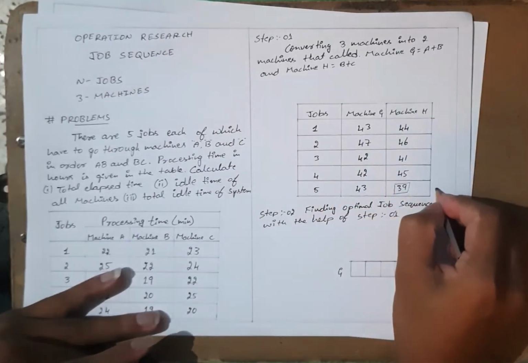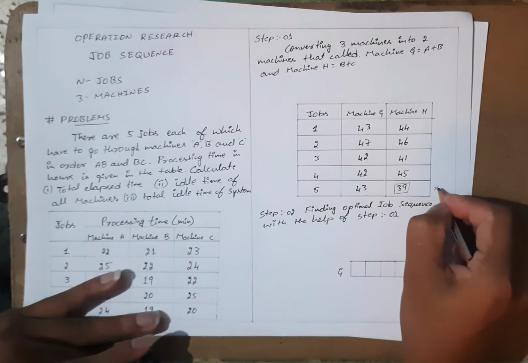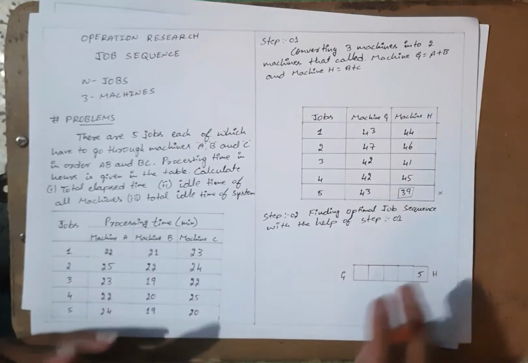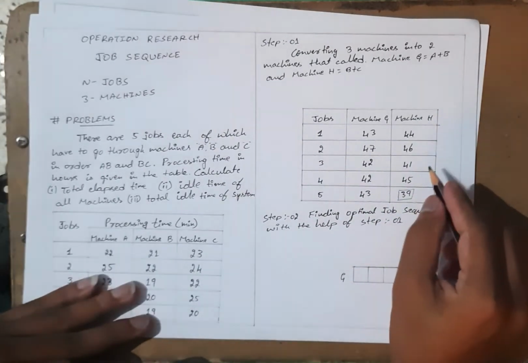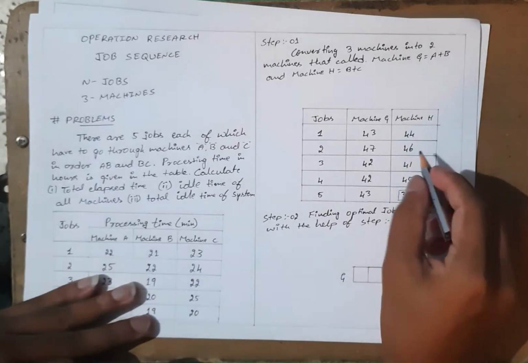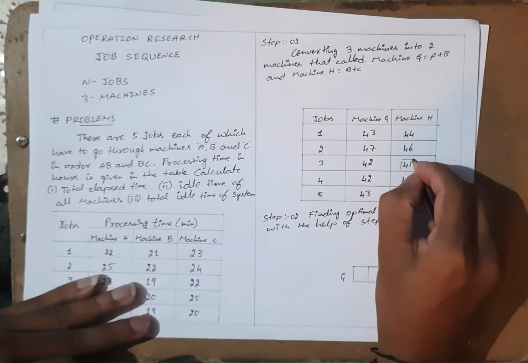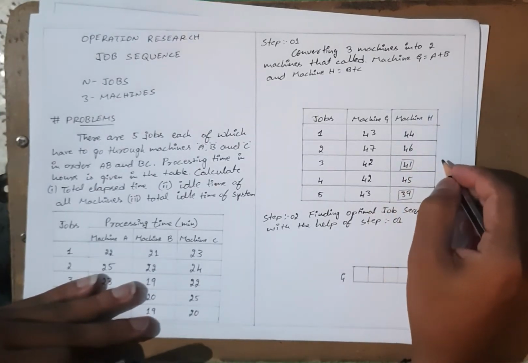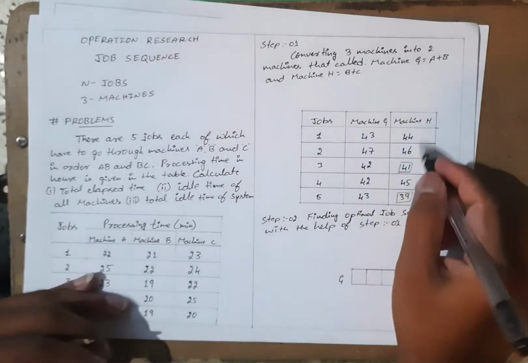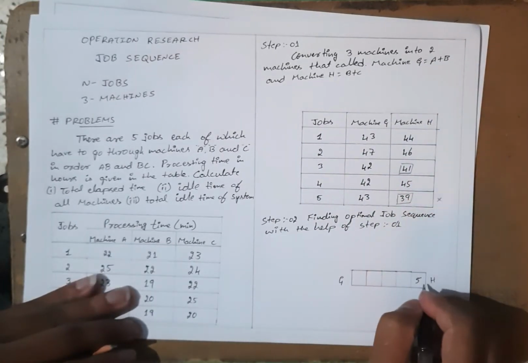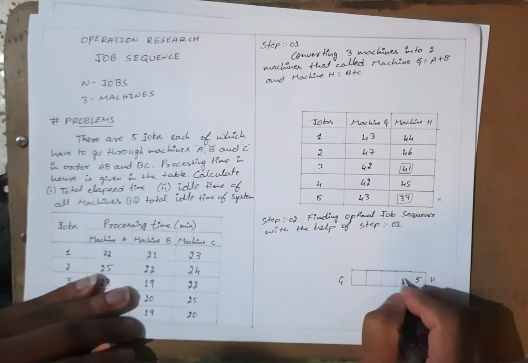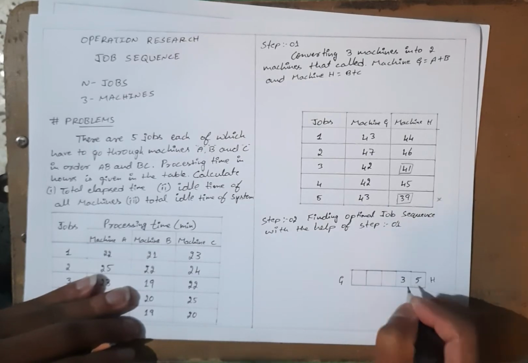Job number 5 is already taken, so we can't consider it again. Next, the minimum value is 41. We find it in machine H, so we write it from the right, job number 3.